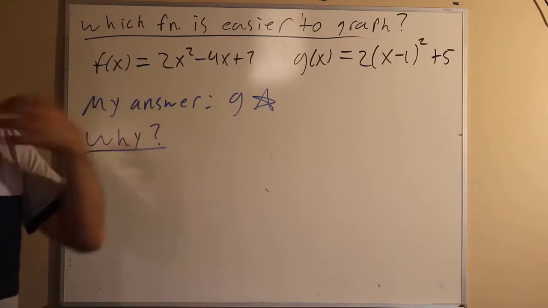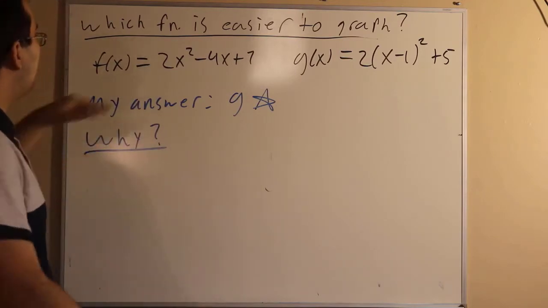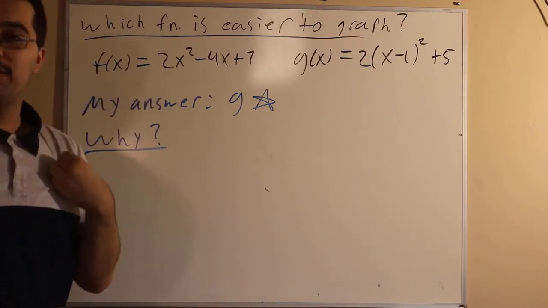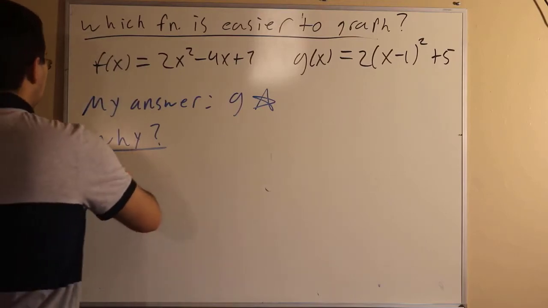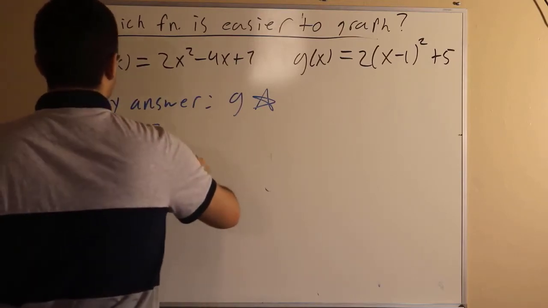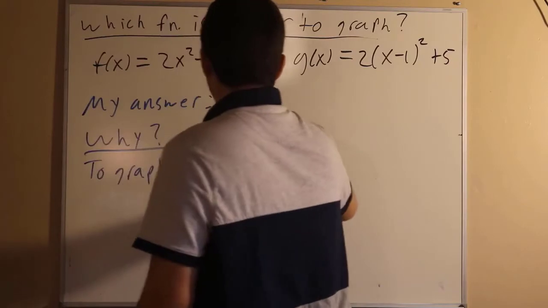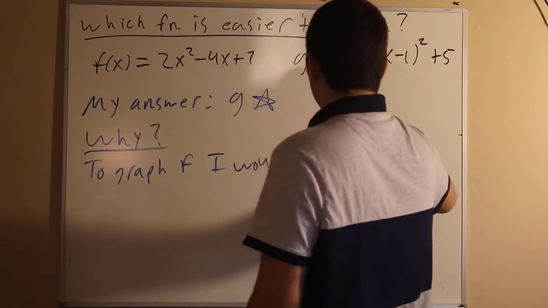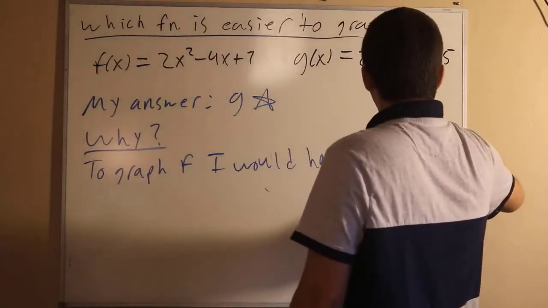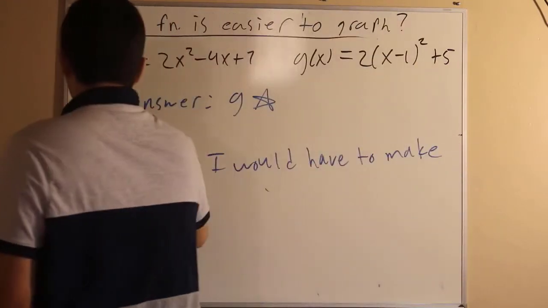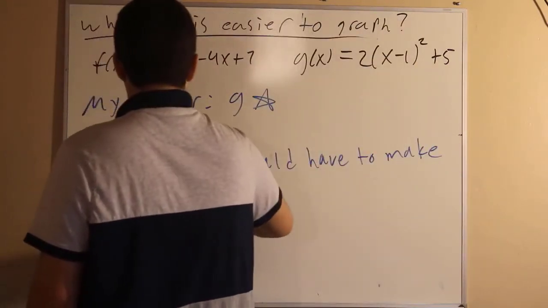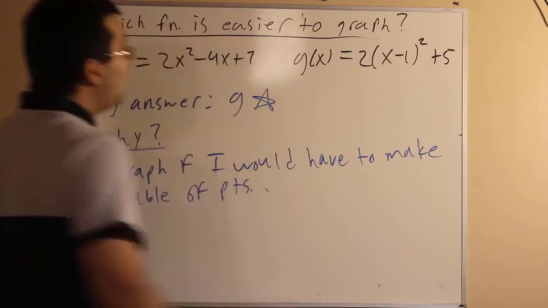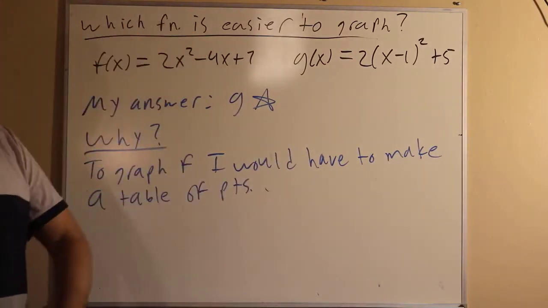Well, the only feasible way I could think of for graphing f is to make a list of points, or to make a table of points. But that's not the case for g.